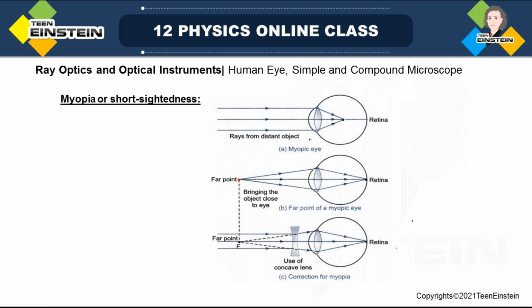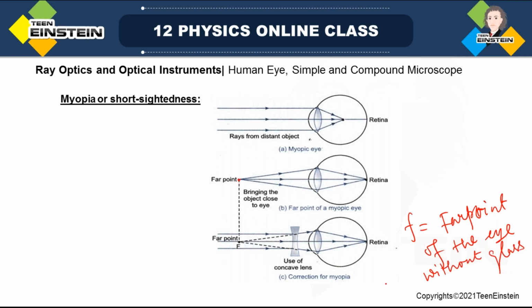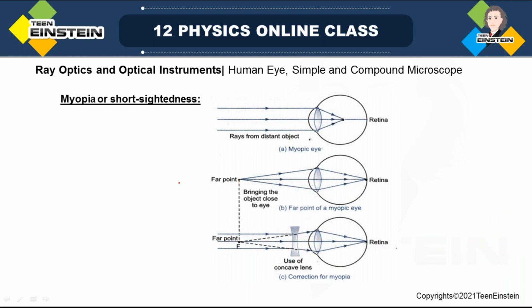For correcting, the lens has to have a focal length exactly equal to the far point of the eye without glass. So if you want to find the far point, you just have to find the focal length of the correcting lens. That will give you the far point.